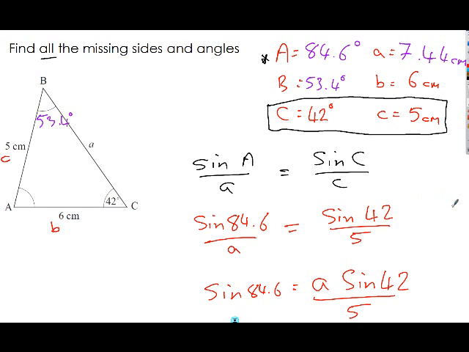And so there you go. Using the sine rule, we've been able to find all the other missing angles and lengths in this triangle.